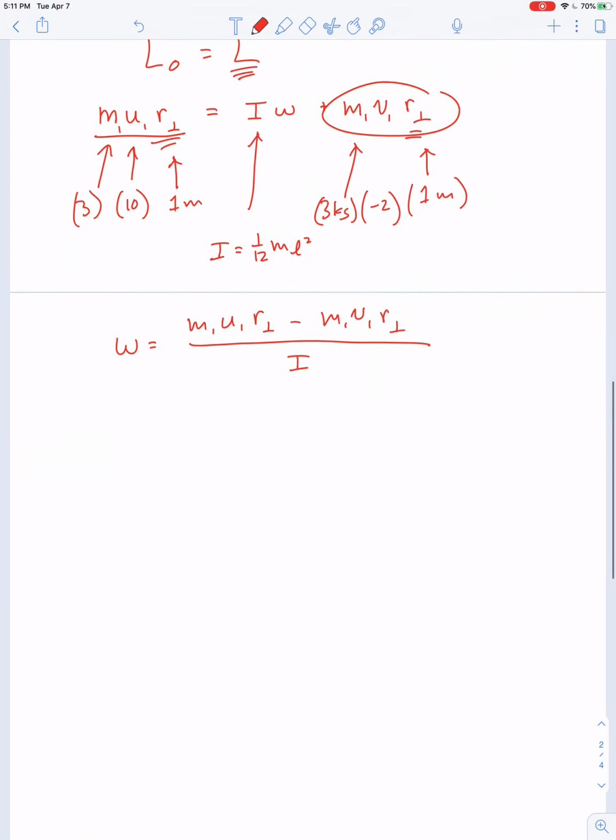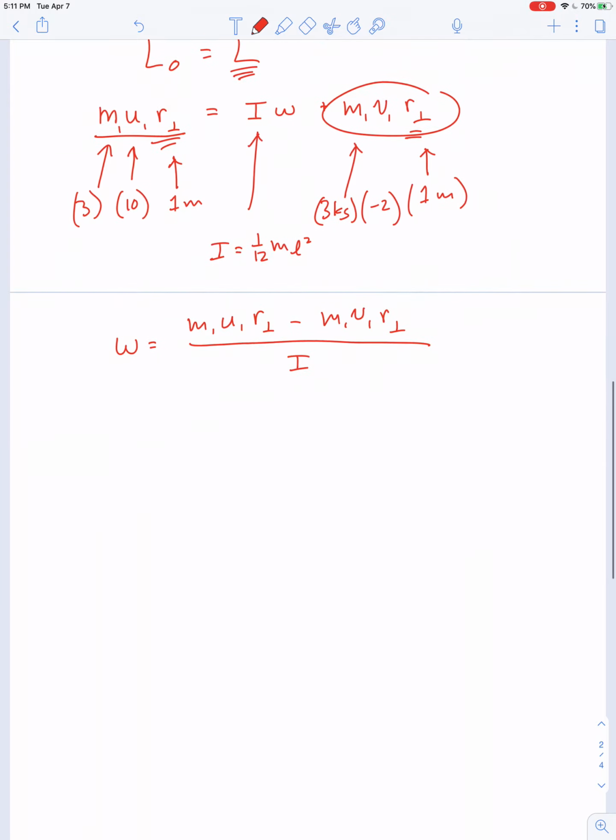So this is m1 r perpendicular times (u1 minus v1), all divided by 1/12 capital M L squared. Okay, plug in the values. This is 3 times 1 times 12, all divided by 1/12 times 5 times 4 squared.